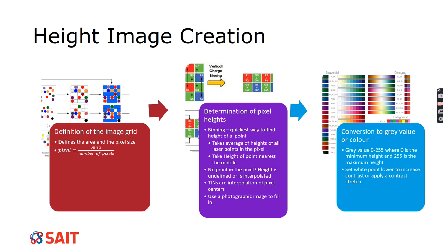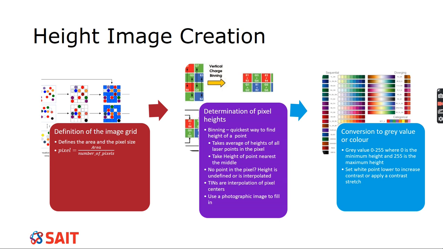So we need to define our pixel sizes. If you were to try to create an image with every single point in your point cloud, you'd end up with issues with data storage, because it requires so much memory when you have such tiny pixels. Sometimes you can overkill the number of pixels because your beam width is actually much larger than your resolution. It's an important concept to remember that it's not 1 point per pixel.